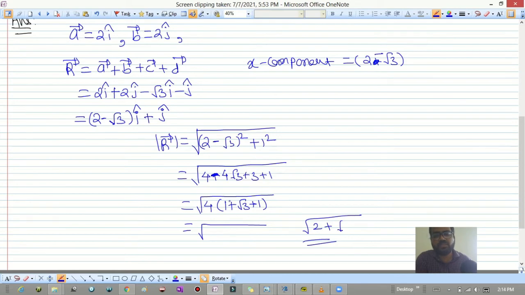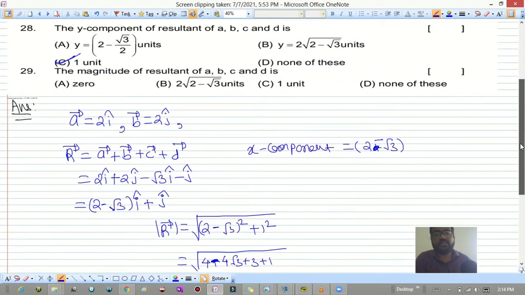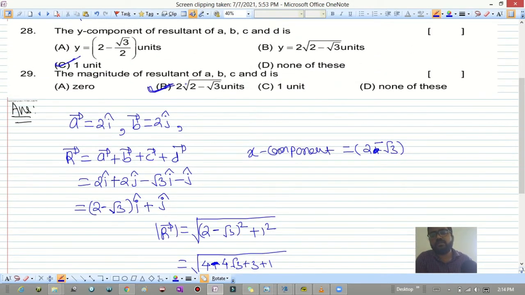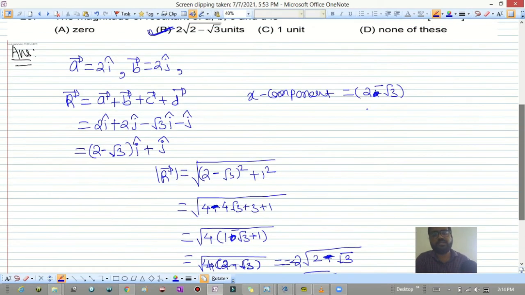If you take 4 common, you will get 4 in bracket 2 minus root 3, just the negative sign, and the root gives 2 in bracket 2 minus root 3 as the answer, and that is given in option B. So yes, there is a mistake over here. X component we have is 2 minus root 3, it's not 2 plus root 3. Please make a correction of it.